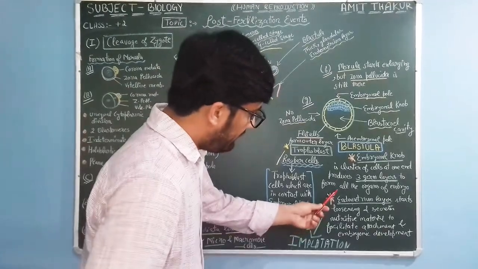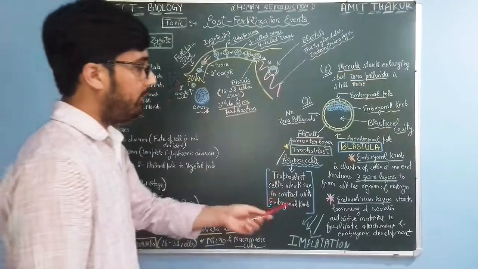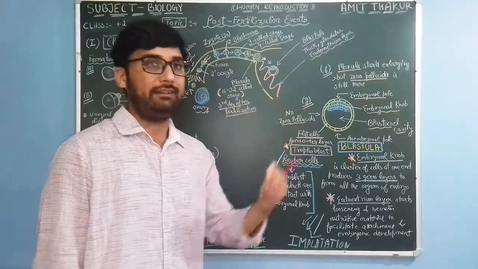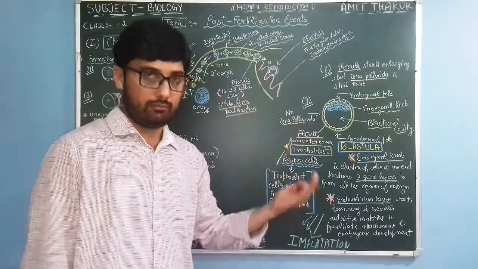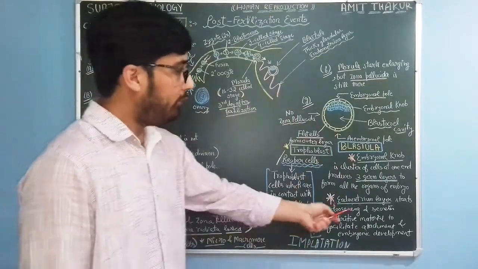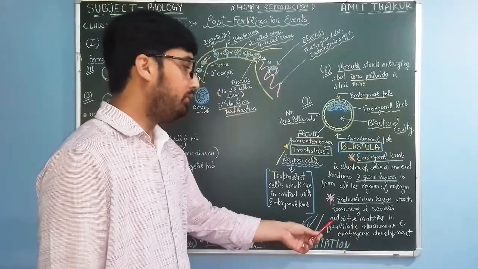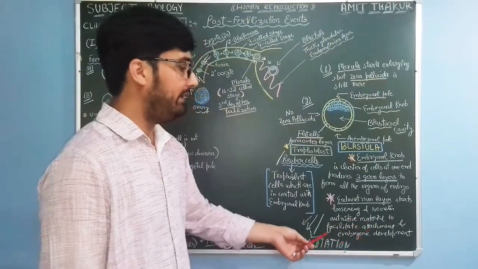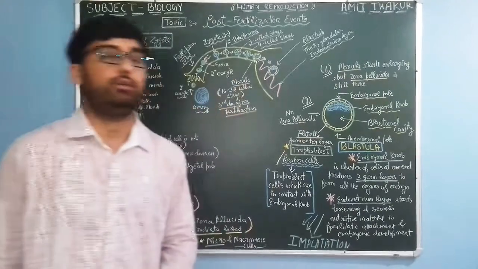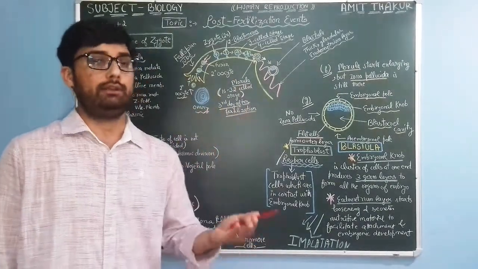And then this endometrium layer, once it receives the morula, then the morula becomes a blastula. This endometrium layer starts loosening and secretes nutritive material to facilitate attachment and embryonic development, or it becomes glandular in nature.